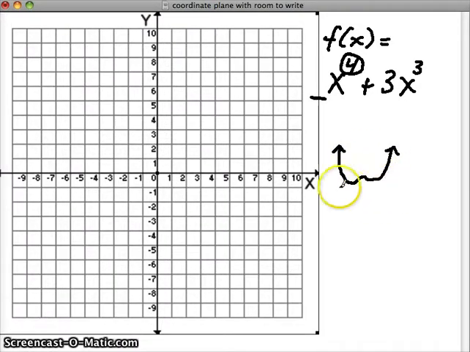Now it could look slightly different. This is just the basic idea of what it's going to look like. If you actually type this into the calculator, you see something that looks more like that, I guess. I mean, it's not completely accurate there, but you know, it's a little tilted. And so this graph will have how many zeros?